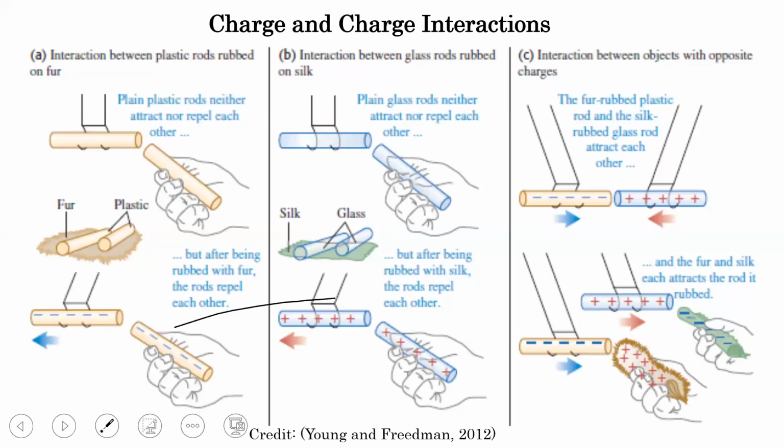They still have the same number of protons. Because you have used wool to rub both of them, you have transferred extra electrons onto the plastic rods. By doing that, the plastic rods now have excess electrons.